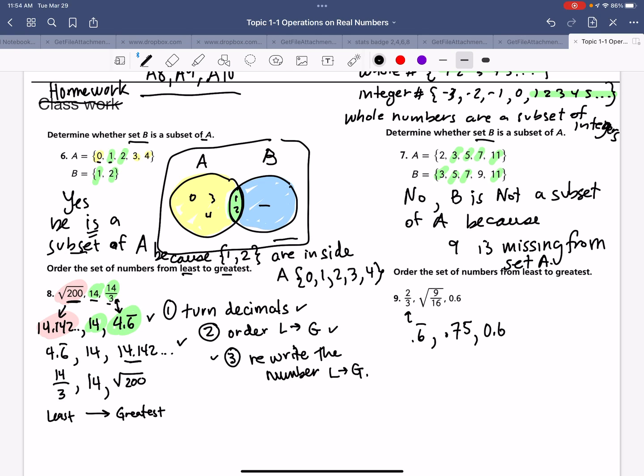If I think about these as rational or irrational, this is a number over a number. This doesn't look like a number, but it's a pattern, so that'd be 6 over 10. And this number here is a regular number because the square root of 9 is 3 and the square root of 16 is 4. So that's why I wrote 0.75, because that's 3/4.